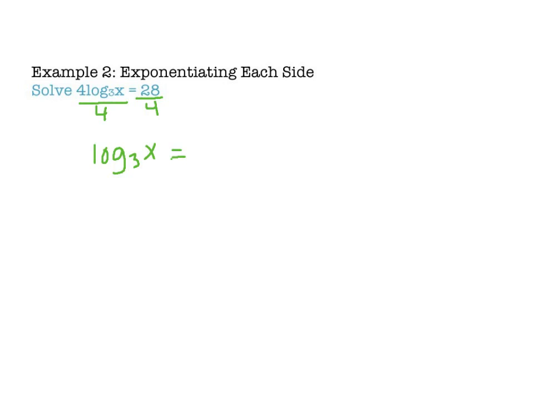And now this 3 tells me that I'm going to rewrite this by exponentiating each side so that it involves a power of 3. So I will start out by saying 3 to the log base 3 of x is equal to 3 to the 7th power.